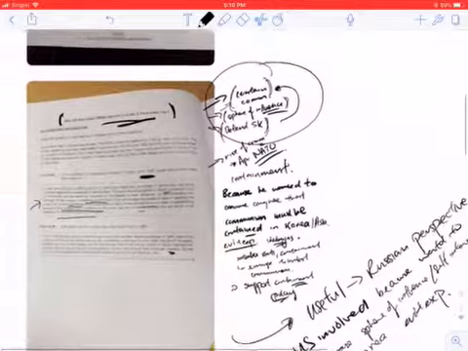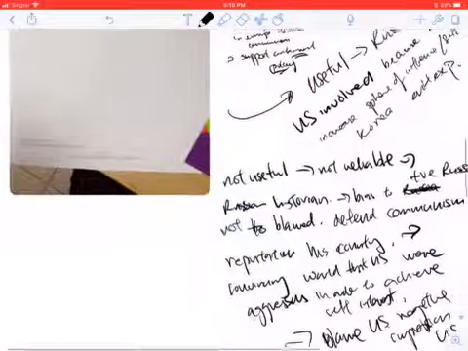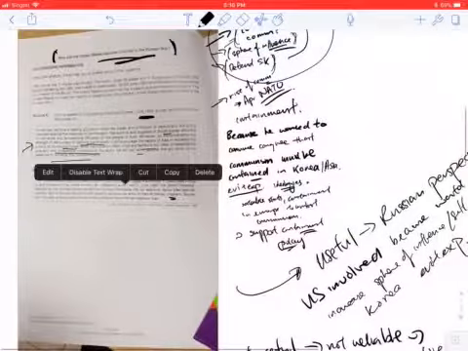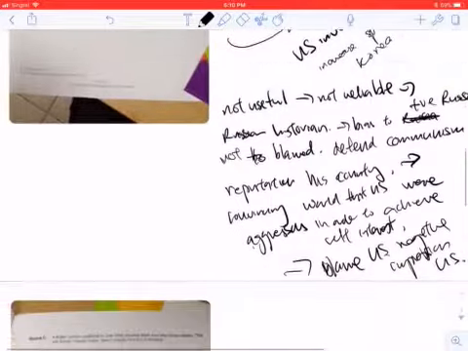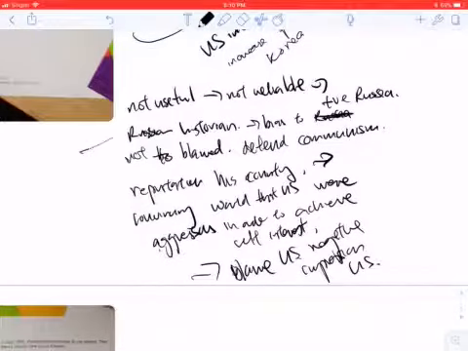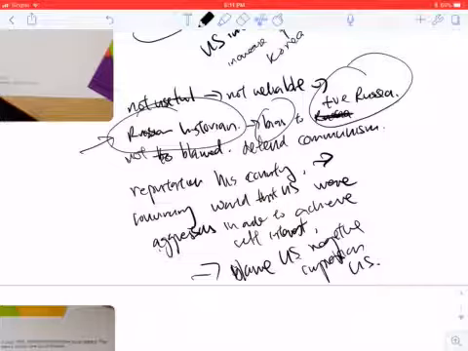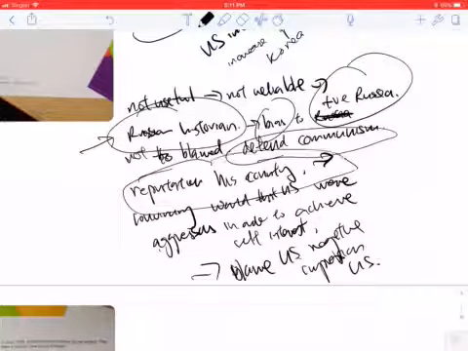Okay, so that's how you do a usefulness question. Start with useful first, then if the agenda is right in your face, you say the agenda immediately. How you say the agenda? You say who is it first. Who is it? Russian historian. Then you say the word bias. Then you say what you would expect him to say, positive of Russia. Why? Because you want to defend communism and the reputation of his country.